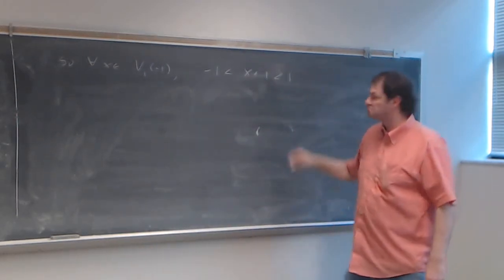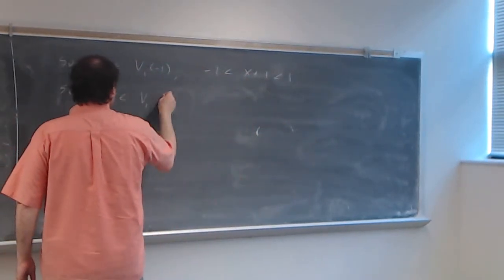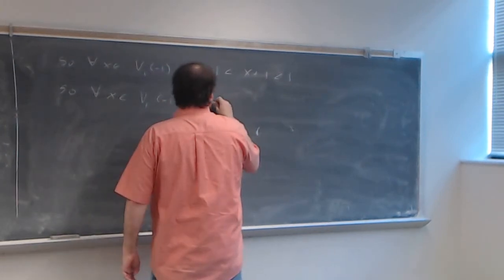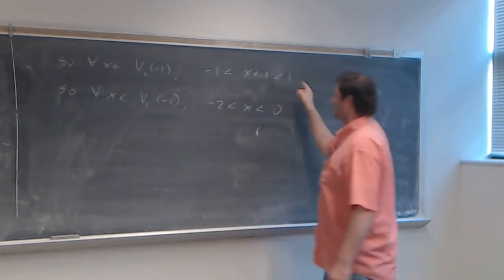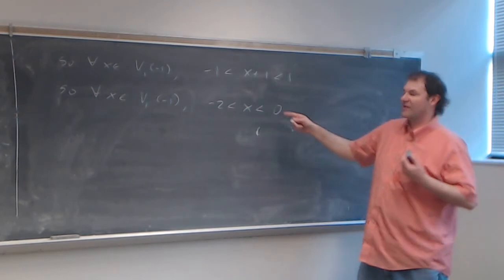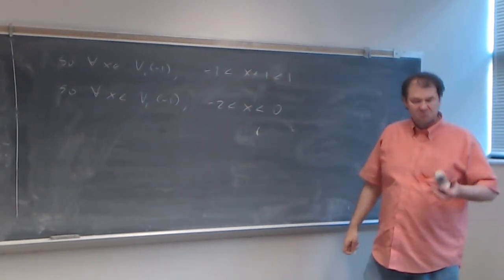Is that okay? So for all x element of V sub 1 of minus 1, we have that minus 2 is less than x is less than 0. So I subtracted 1 from each part of this inequality. Look, I didn't do anything fancy. I subtracted 1 from every spot. Nothing to it.